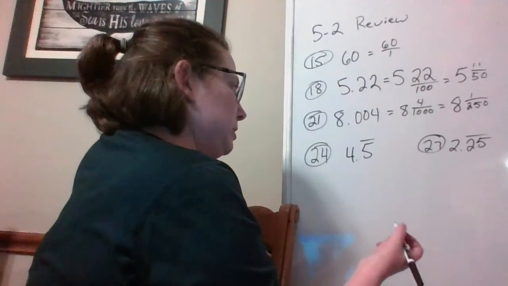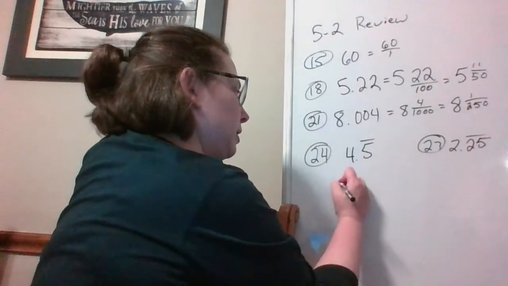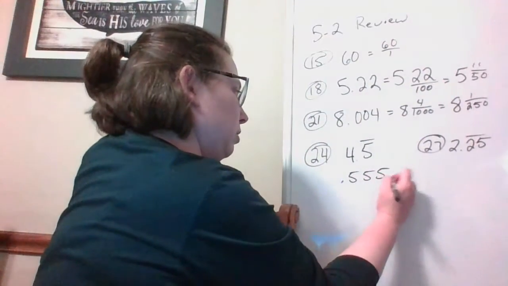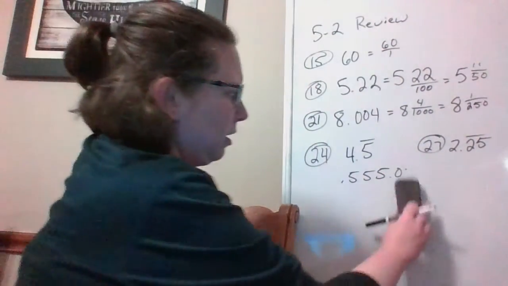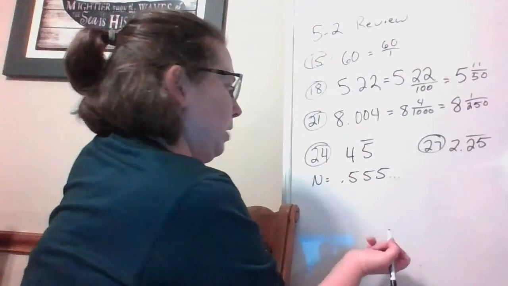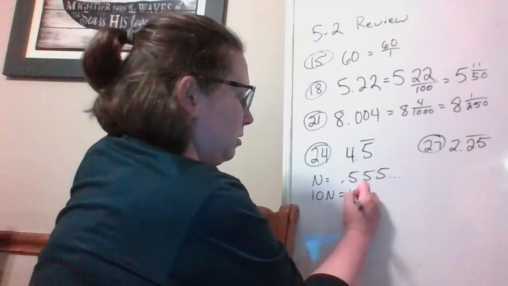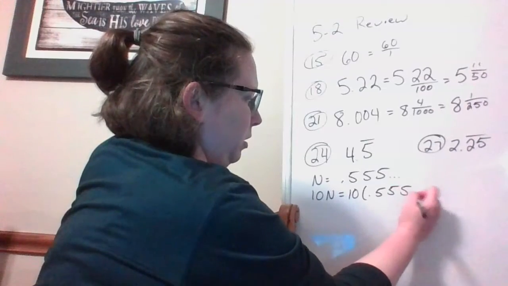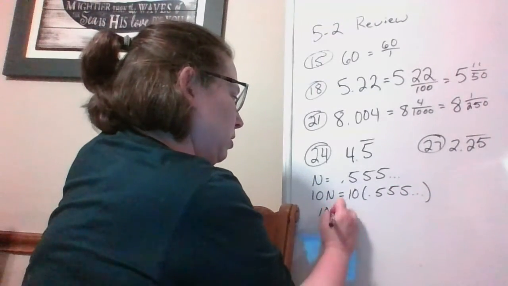So what happens in this case, I have the whole number, I can kind of ignore those for a minute and say if I have all these 5s that repeat, I am going to make them equal to n, and then I'm going to multiply n times something so that I move that repeating period to the left of my decimal.